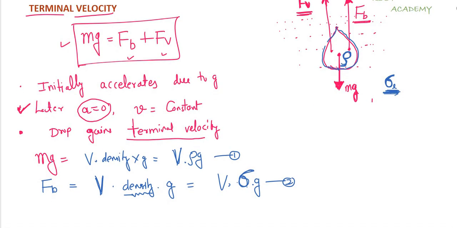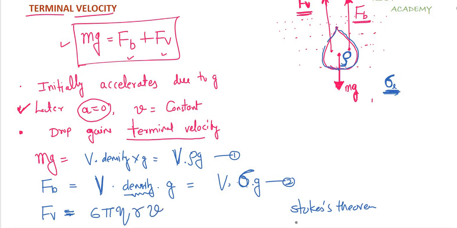The third type of force which will be experienced is due to viscosity. Any object falling through the liquid will experience a force due to viscosity. This formula was given by Stokes' law. Stokes' law says that the force experienced by the object will be 6 pi eta r v.